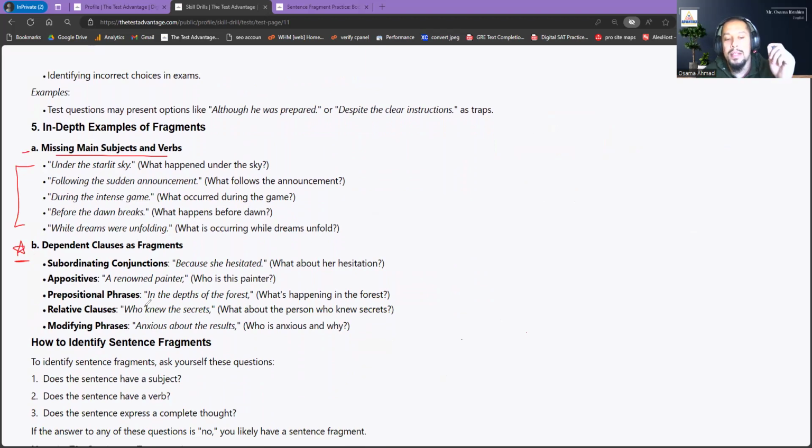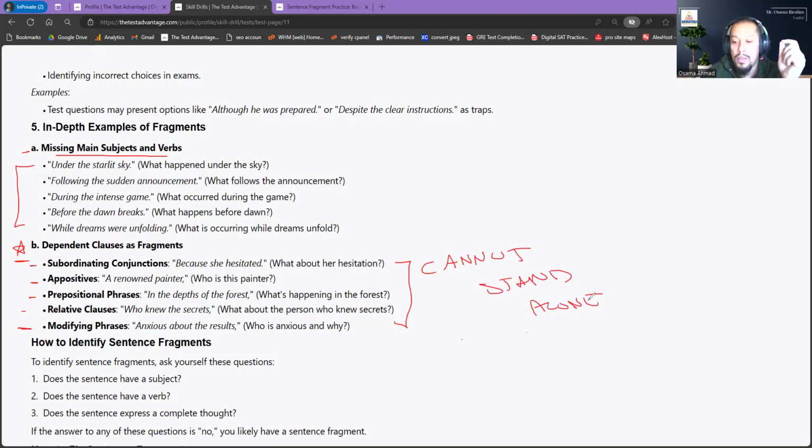Right here. Dependent clauses as fragments. A dependent clause, subordinating conjunctions, appositives, prepositional phrases, relative clauses, modifying phrases cannot stand alone. These are all fragments.